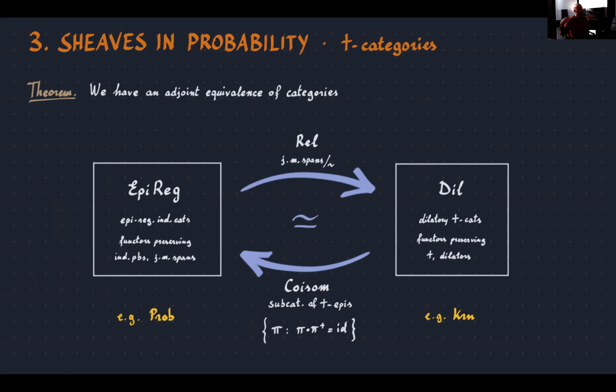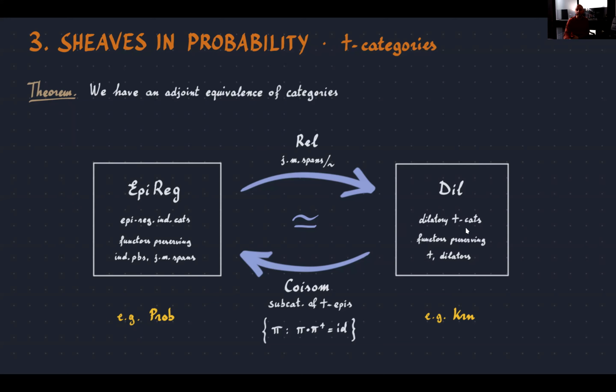Just like usually sets and functions and sets and relations recover one another, because functions are just special relations, and relations are just special spans of functions, the same thing is true for pretty much any nice enough dagger category.